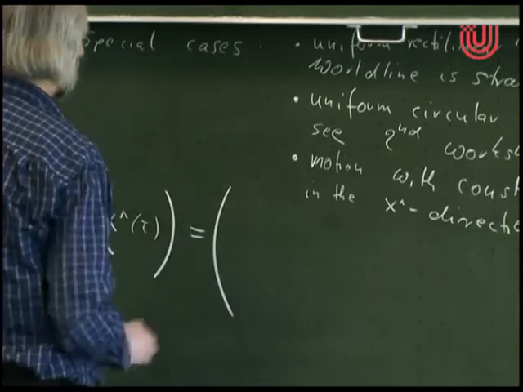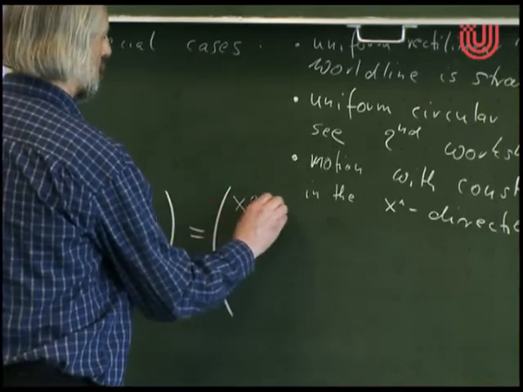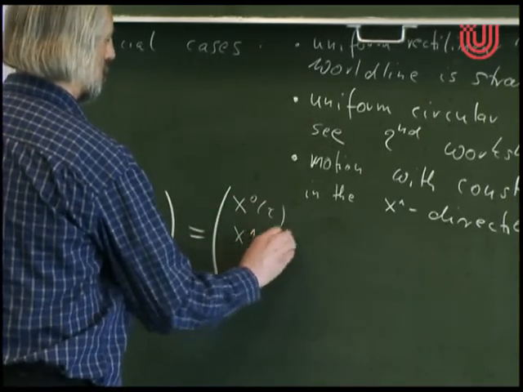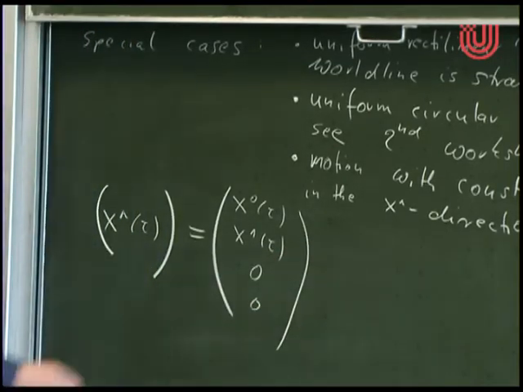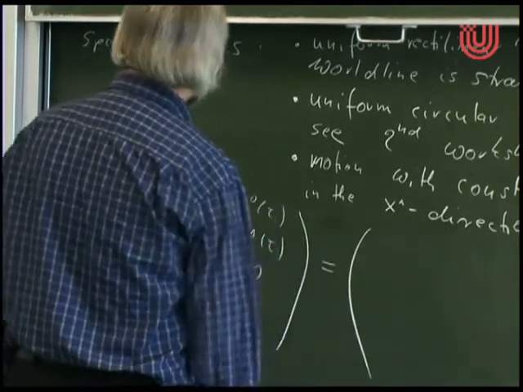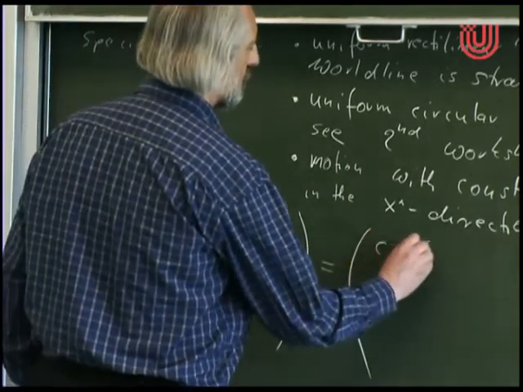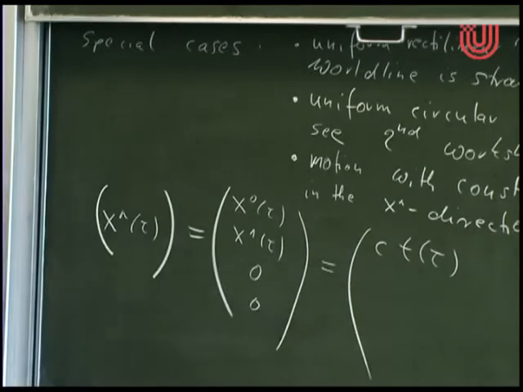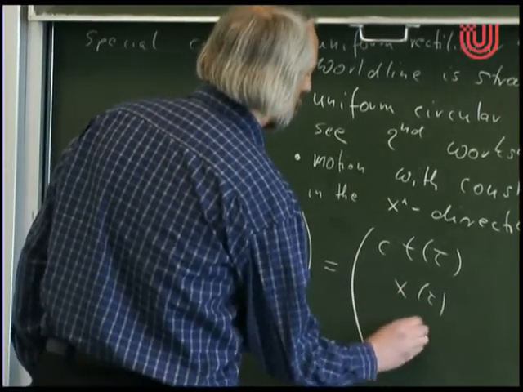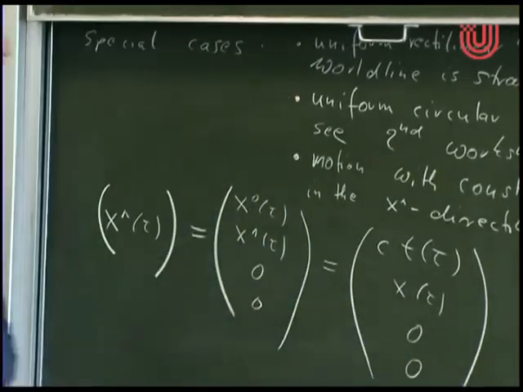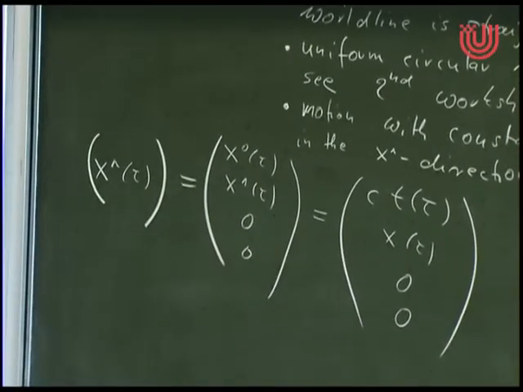I have only two components, so I have an x0 of tau and an x1 of tau, and then two zeros. And just to simplify notation a little bit, I can write this as c times some function t of tau, and for this I just write x, because I have no other coordinates around now, so by using no indices. So that's the way in which I write it.